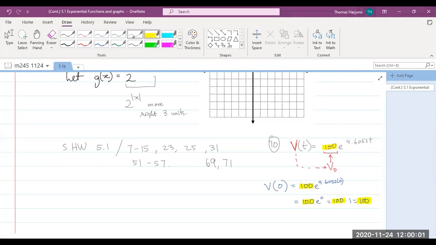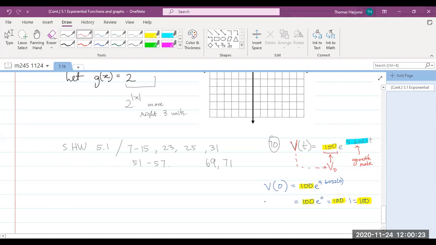Now the number here is the growth rate. You call that the growth rate.